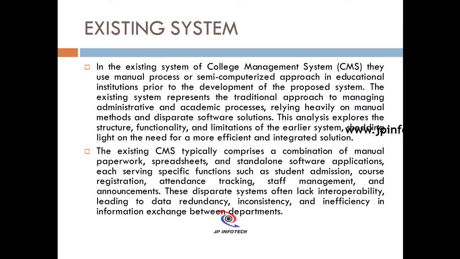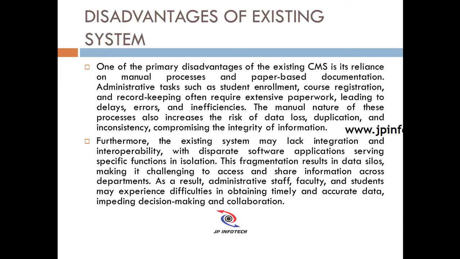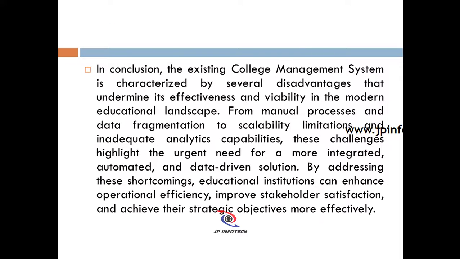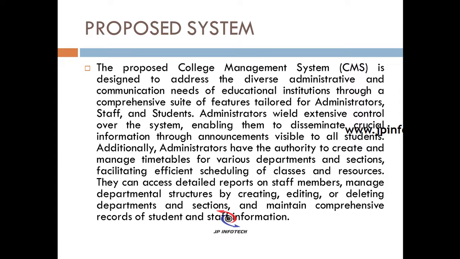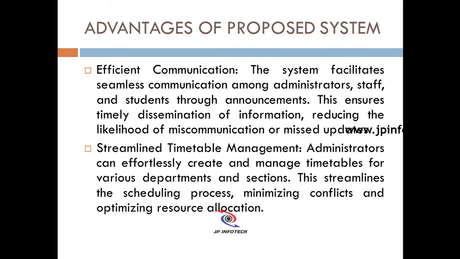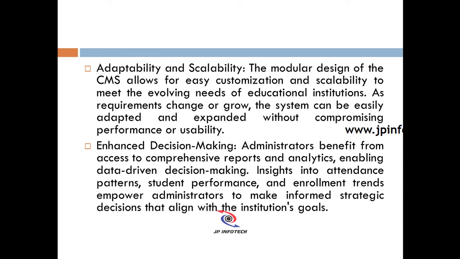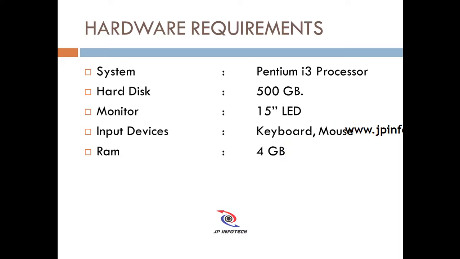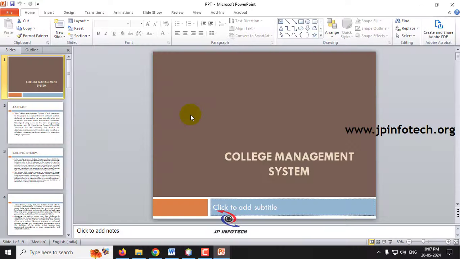The existing system describes the manual or semi-computerized process followed in many educational institutions, and a few disadvantages of the existing system are listed. In the proposed system, we overcome all the disadvantages mentioned in the existing system. Those details are mentioned, and here you can see the advantages of the proposed system, the system architecture, the hardware requirements and software requirements.